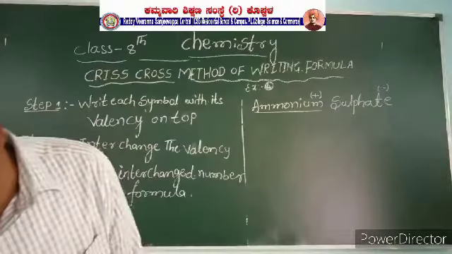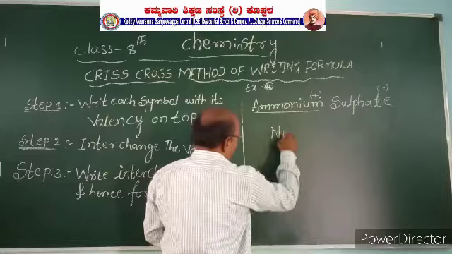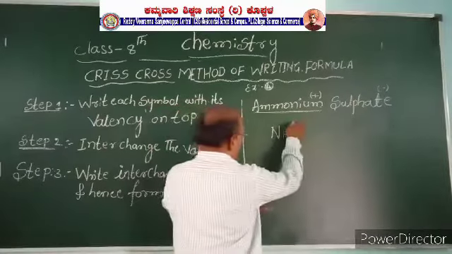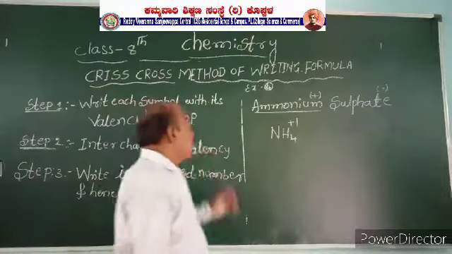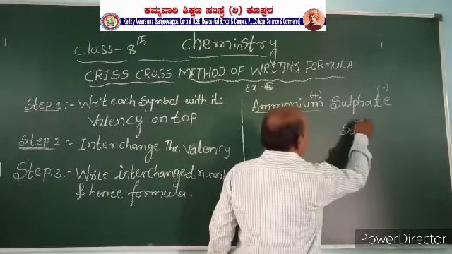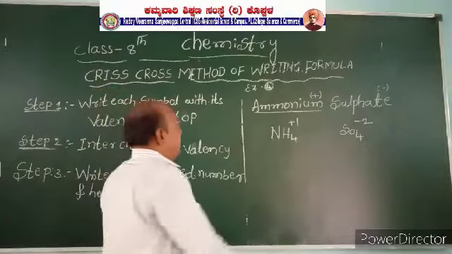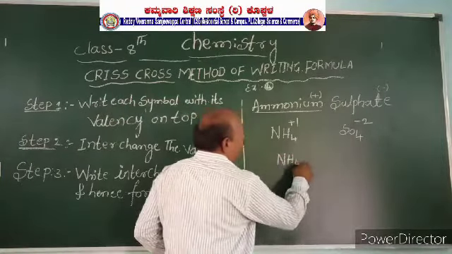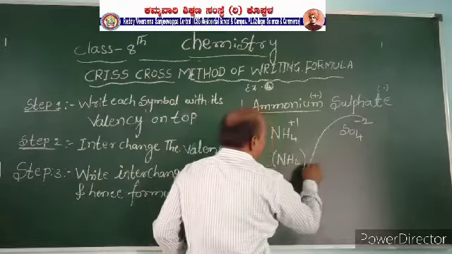Ammonium is NH4 plus 1, positive radical, monovalency. And sulfate SO4 is minus 2, negative radical. And next you write ammonium NH4. Here you put the bracket and write it here too.